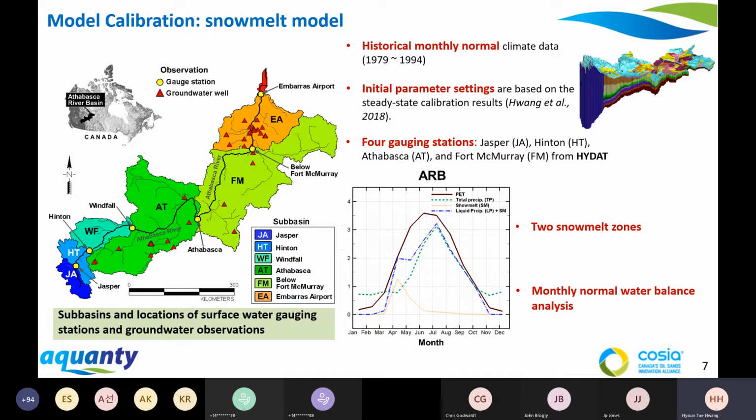And that is from 1979 to 1994. And we also use initial parameter settings based on our steady state simulation result that was published in 2018. And also we estimate the monthly normal water balance in this area from average January to average December. Next, please.